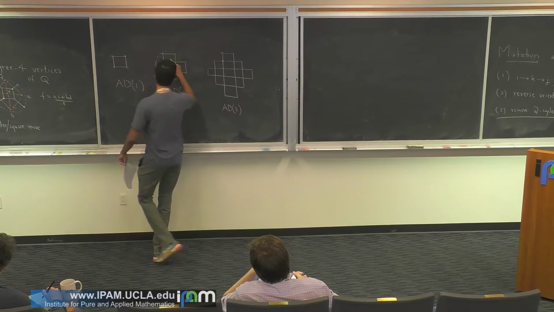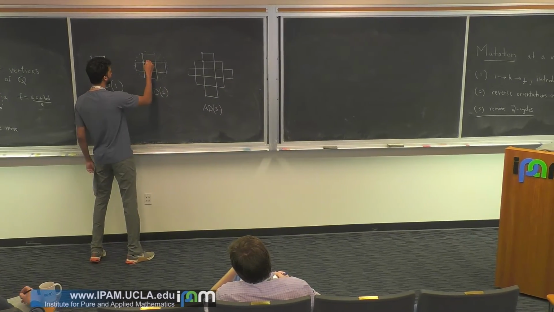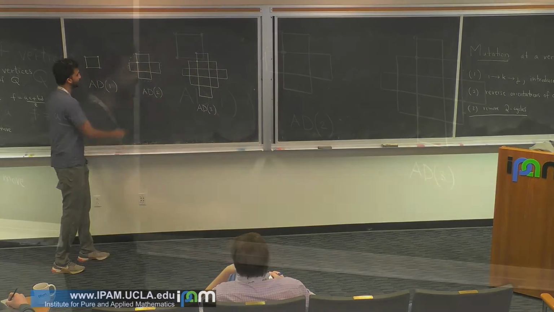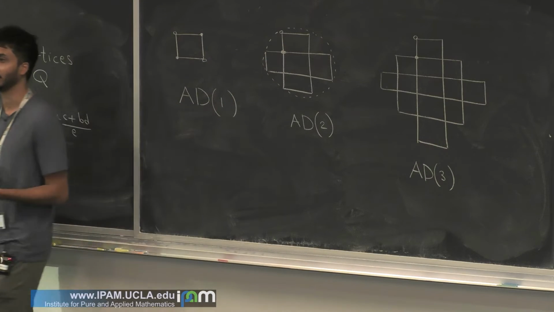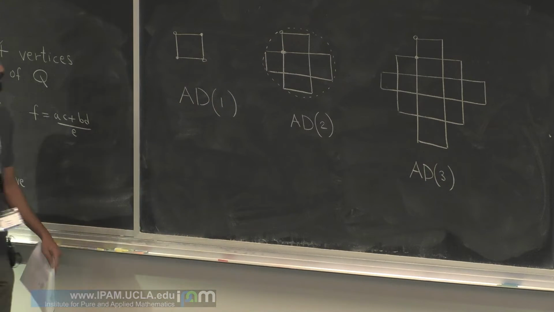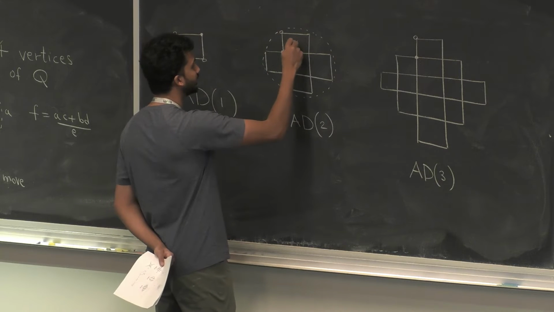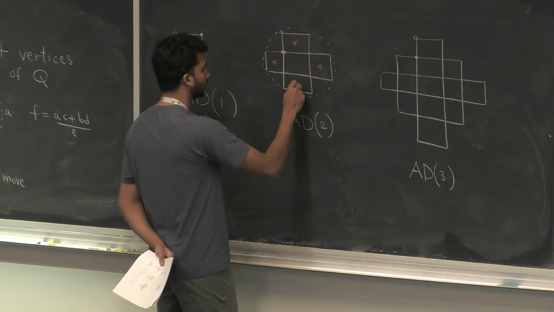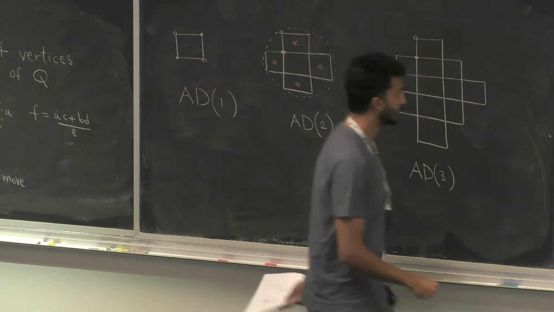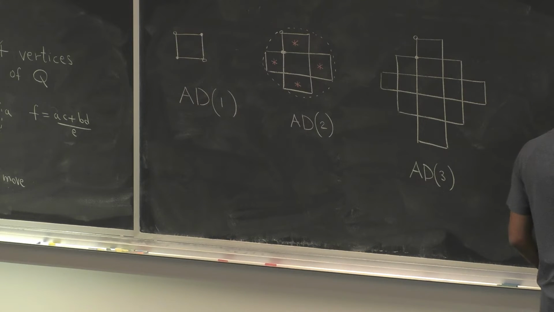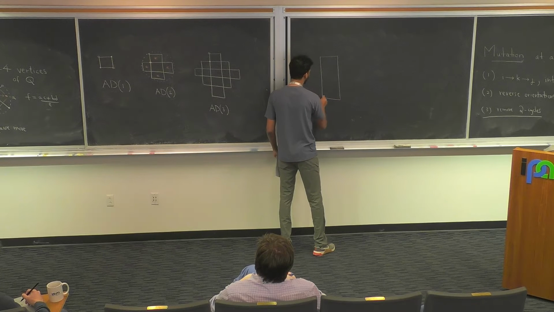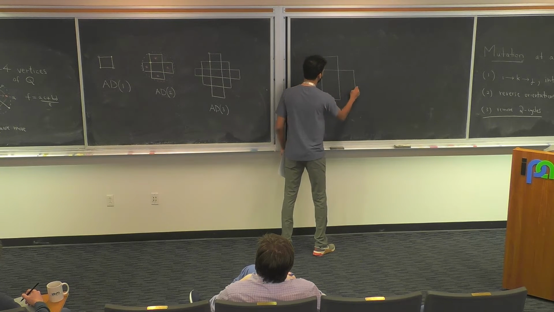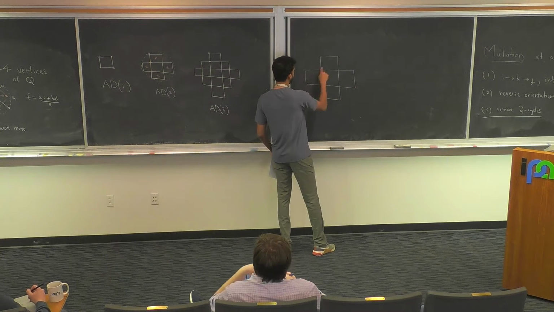So first, let's look at this example over here. Mutations in terms of this bipartite graph happen at faces. So I first mutate at these faces. I start with this picture, and then I mutate these faces.